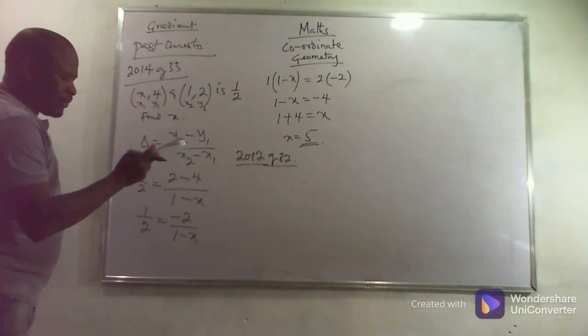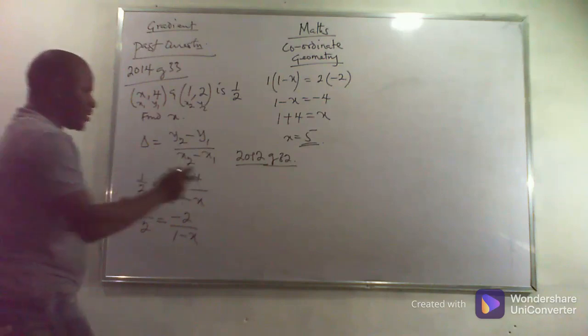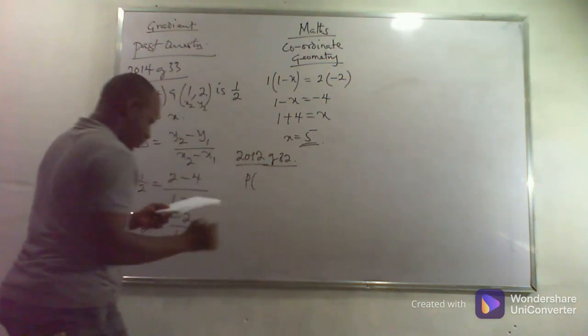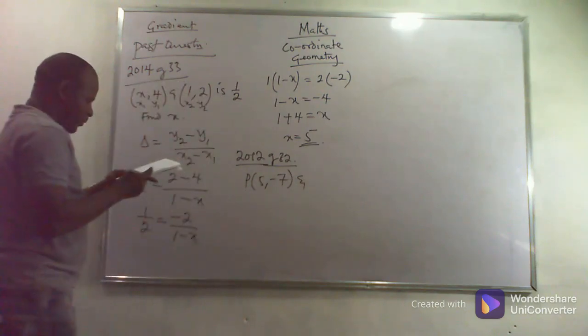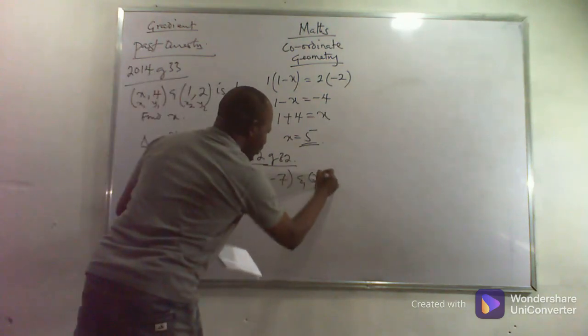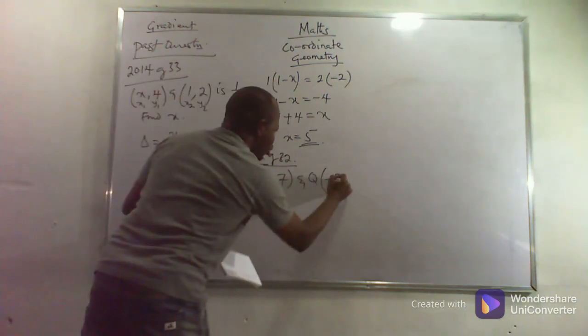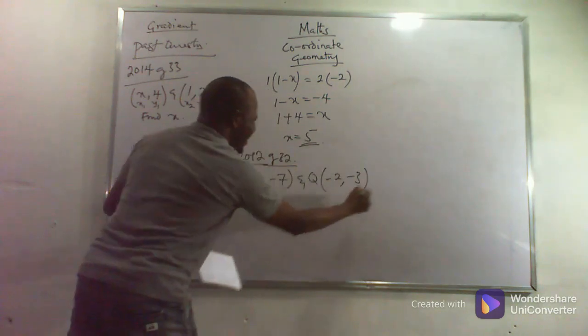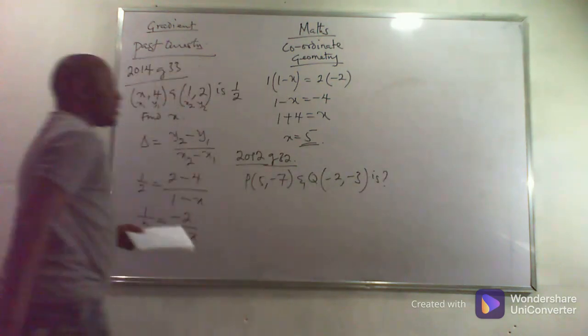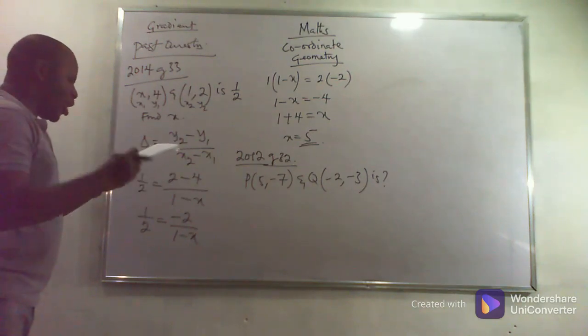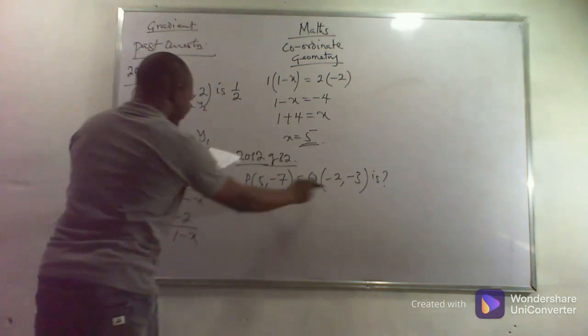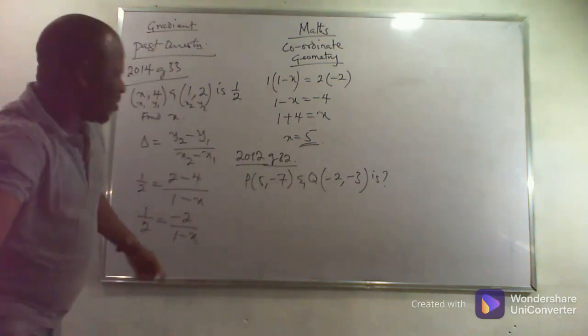The gradient of a straight line joining the points P(5, minus 7) and Q(minus 2, minus 3) is, that was the question. What's the solution?